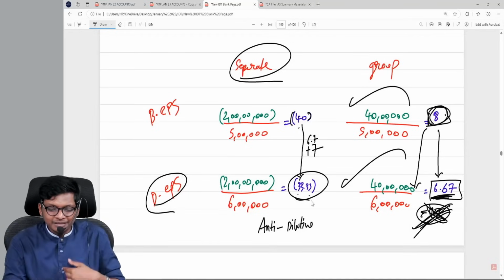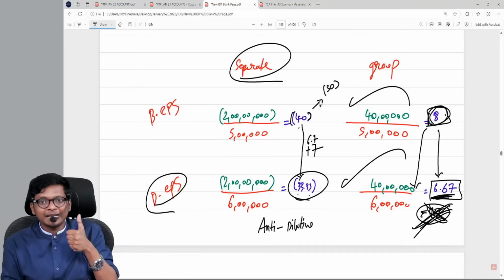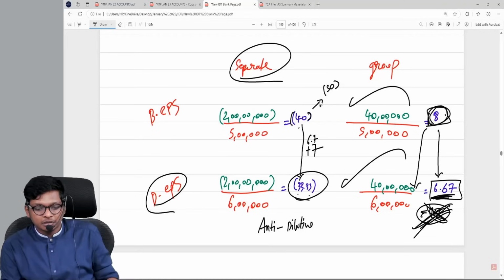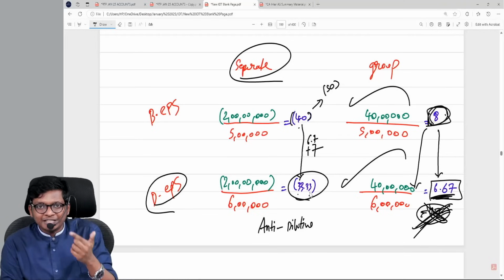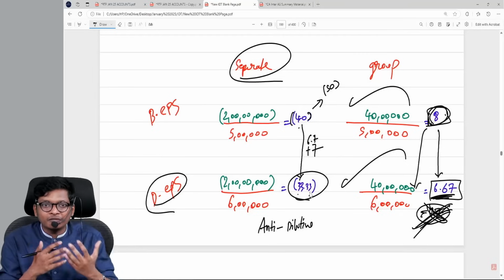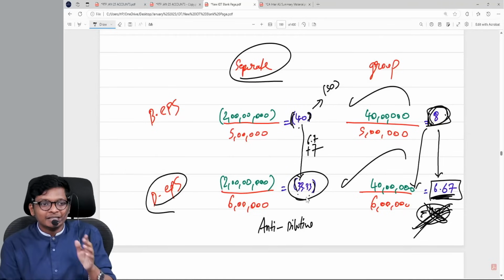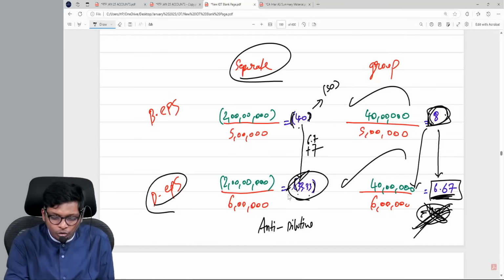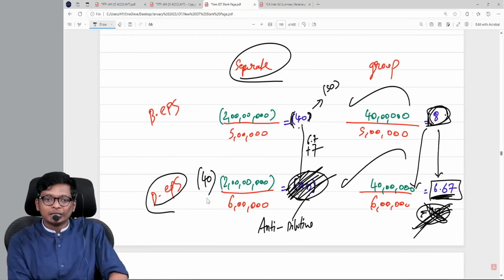If negative 40 became negative 50, dilution is there, loss increased. But if negative 40 became negative 33.33, you are telling the shareholders that there is hope in the future. What if it's not there? So don't give hope when you're not very sure. So don't disclose 33.33. Diluted also shows as negative 40 only.